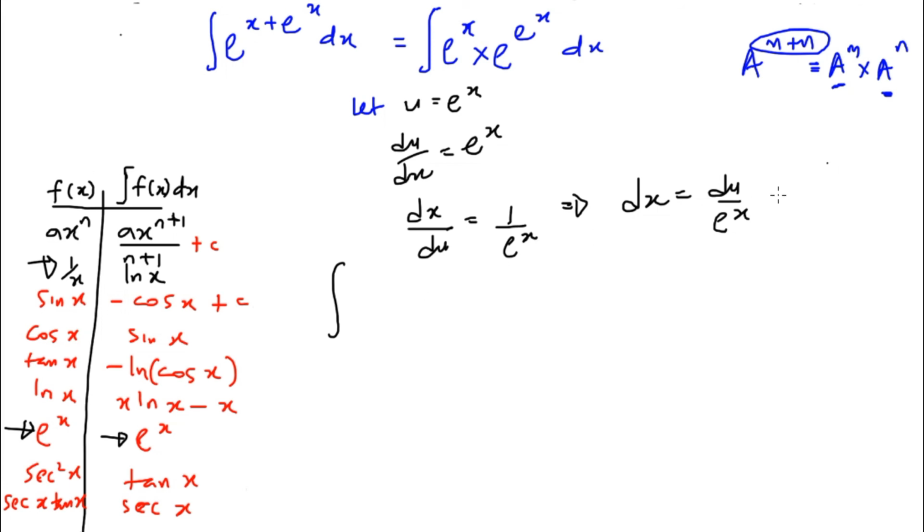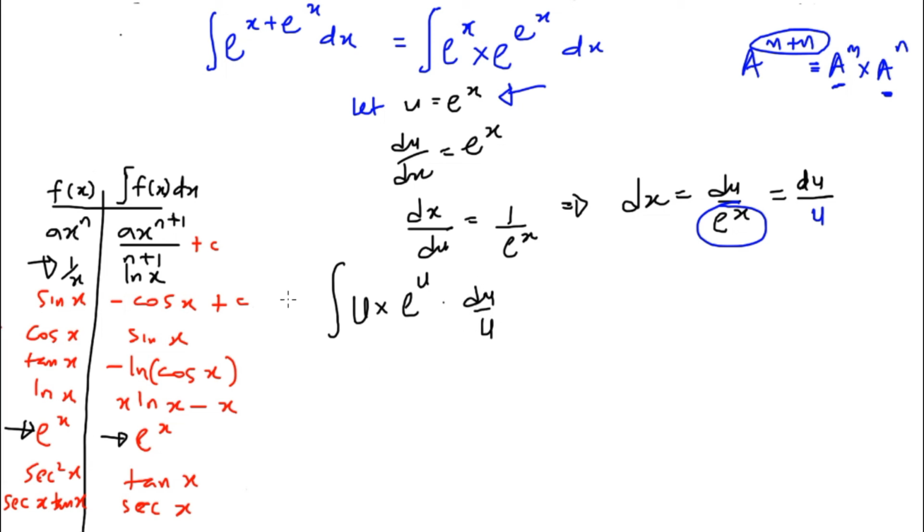Remember that this particular exponential x has been substituted as u, so I can replace it here as u. So eventually my question will now be exponential x, which is u, times exponential x, which is u, dx. What is dx? dx is du over u.